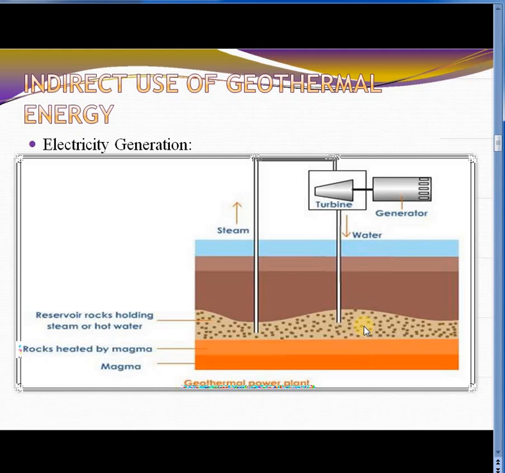These wells will be drilled and the steam from the reservoirs is used to drive the turbine and produce electricity. It usually uses heat deep under the earth's surface, at a depth of 3 to 5 kilometers, drilled at specific areas where heat is present at a depth of 4 to 5 kilometers, not more than that.